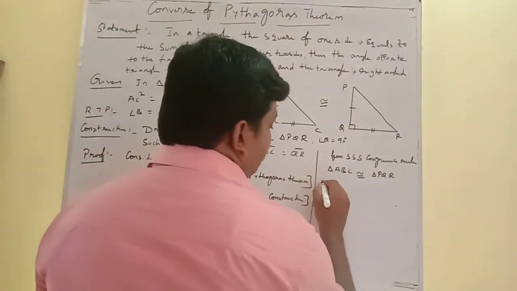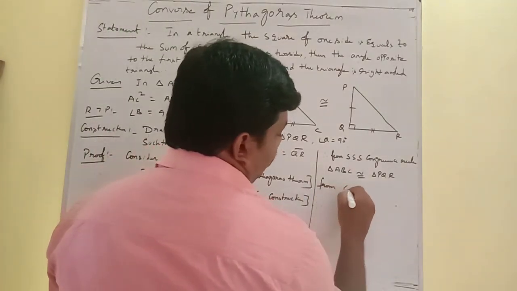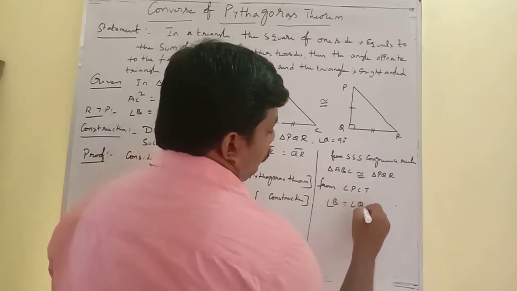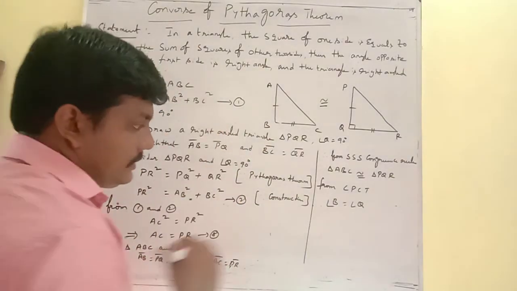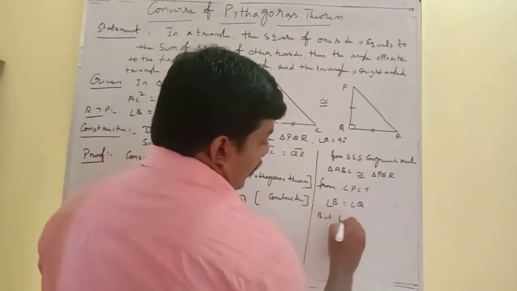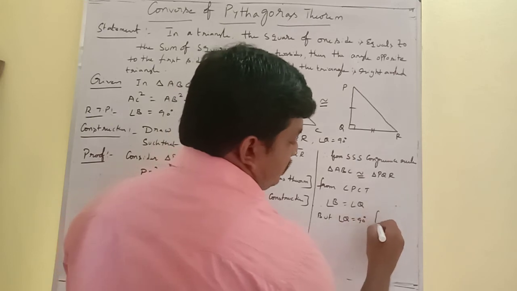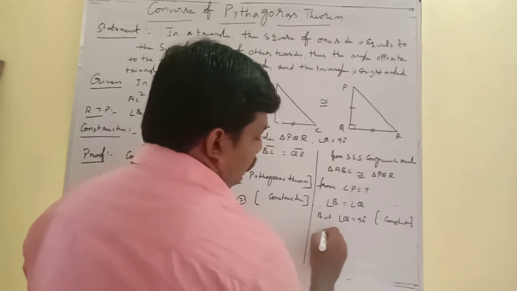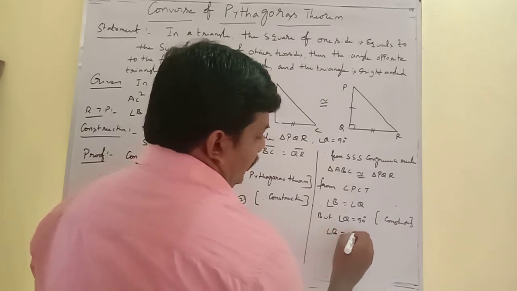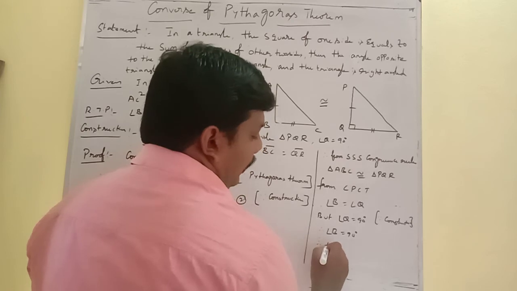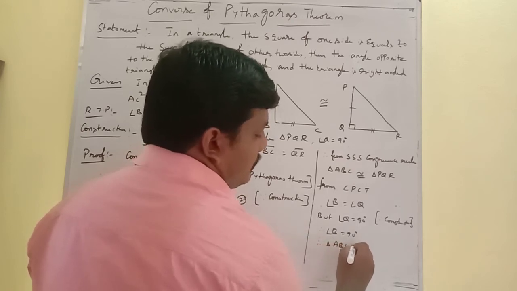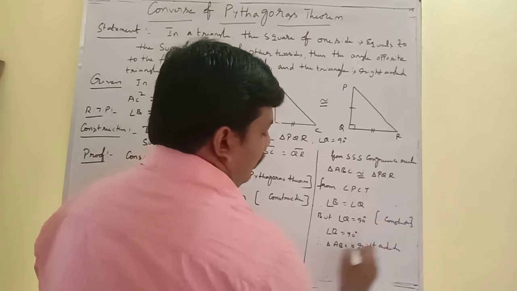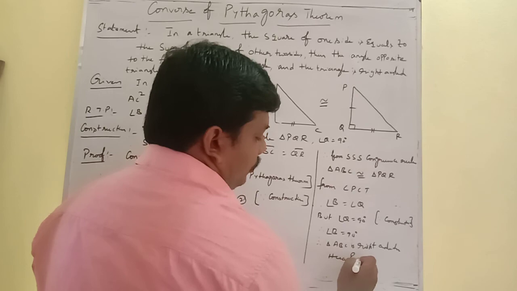So from the CPCT rule, angle B is equal to angle Q, but angle Q is equal to 90 degrees from the construction. Therefore angle B is equal to 90 degrees, and triangle ABC is a right angle triangle. Hence it is proved.